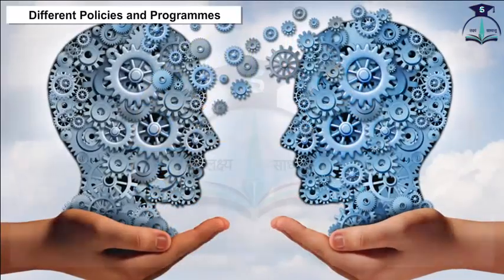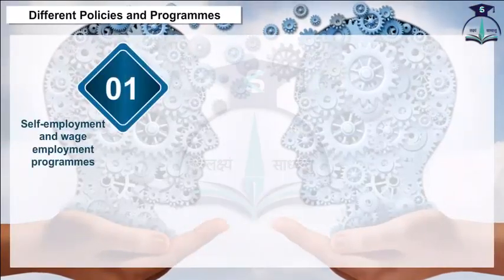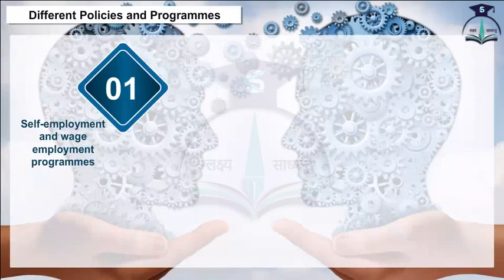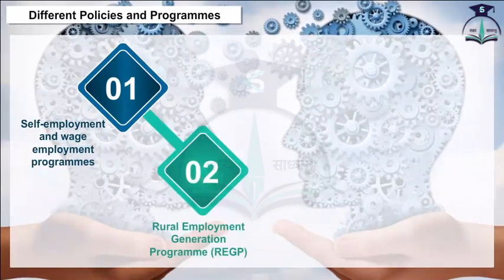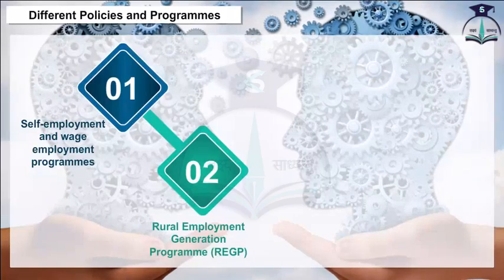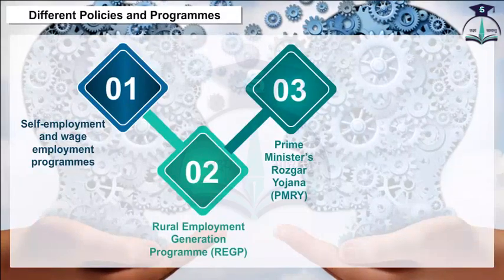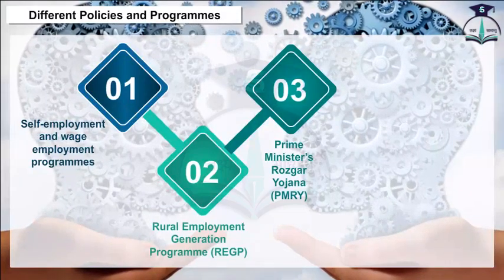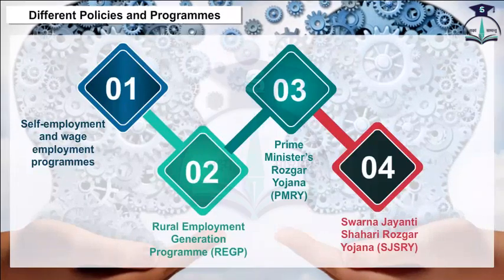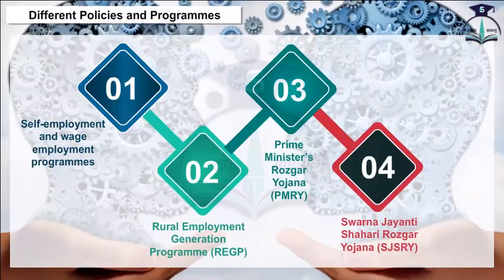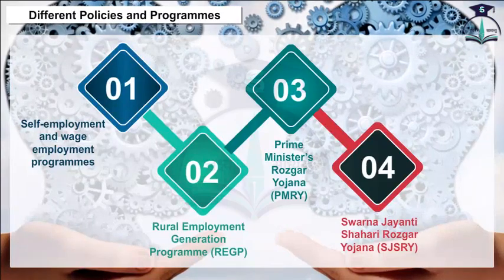In order to expand self-employment and wage employment programs, the Rural Employment Generation Program or REGP, Prime Minister's Rozgar Yojana or PMRY, and Swarna Jayanti Shahri Rozgar Yojana or SJSRY were taken up.